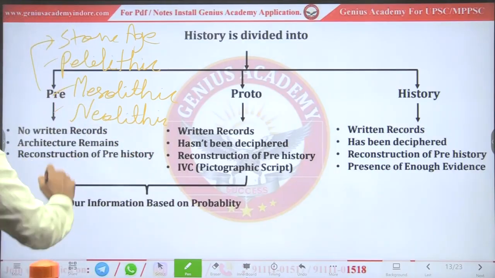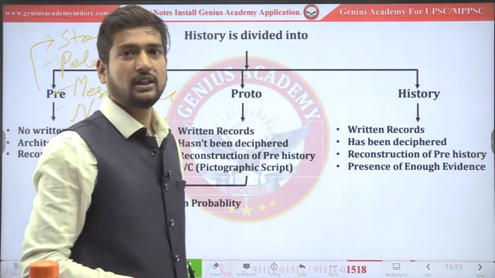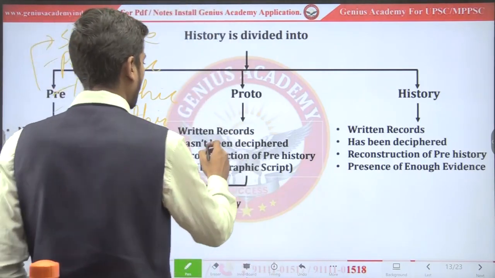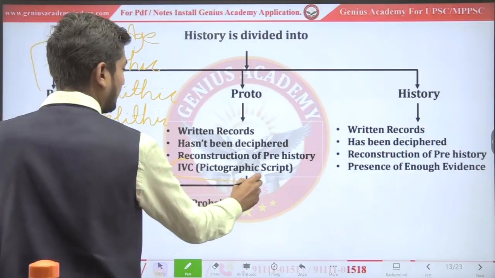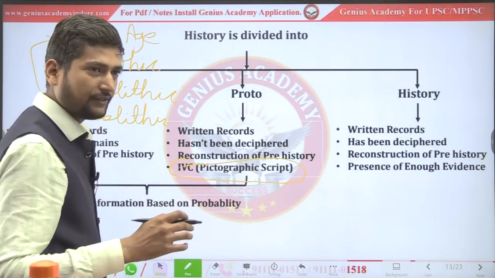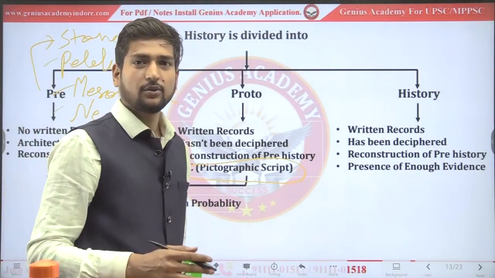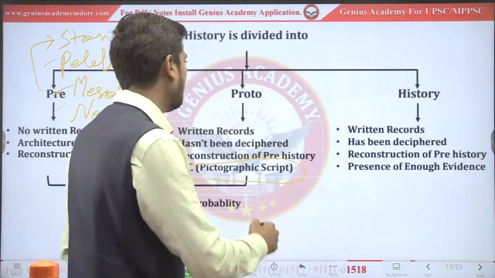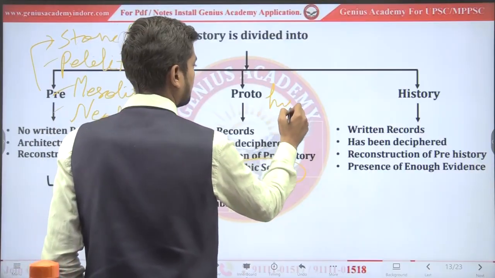These whole ages are differentiated based on the stone tools we got from this period. The only example in India is the Indus Valley civilization, about which we have the script but are not able to decipher it. So it will come under proto-history.